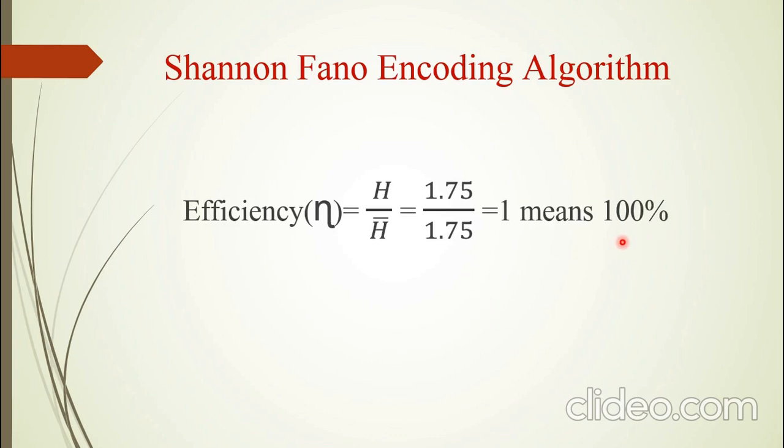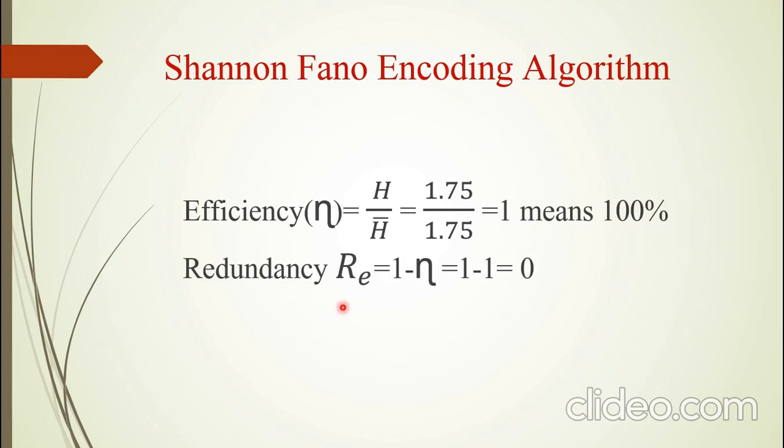So it will be 1, and 1 means 100% efficiency. So now calculate the redundancy. The redundancy is 1 minus efficiency. So 1 minus 1, the result is 0. So redundancy is 0. So this is how we can identify efficiency and redundancy by Shannon-Fano encoding.